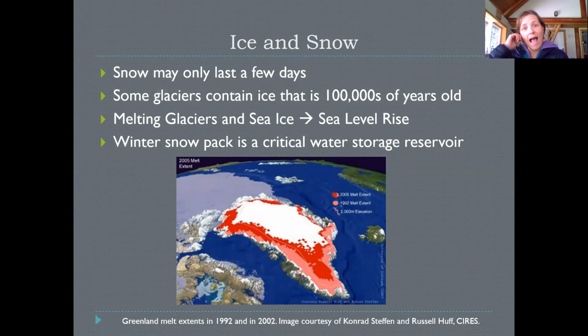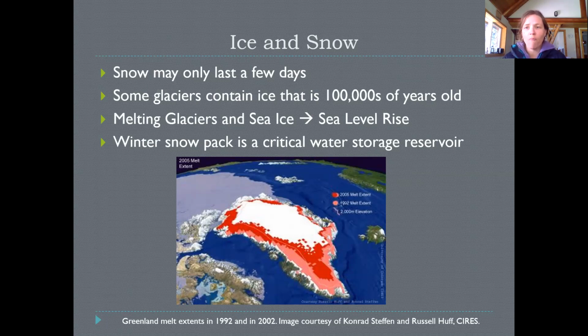And we know that as the glaciers are melting, this transfer of water from these terrestrial freshwater systems into the ocean system is causing significant sea level rise. And we've already talked about that, so we're not going to talk about it again, but that's certainly a water resource issue.